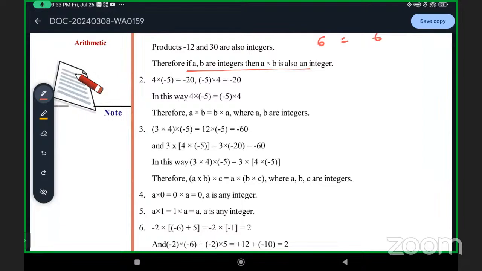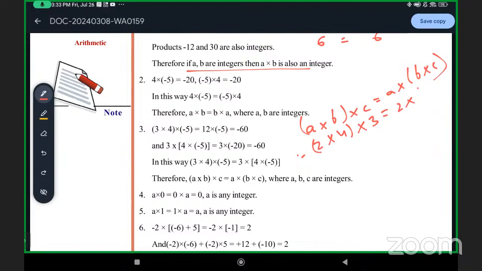Then, a into b, this is grouping, into c equals a into b into c. Suppose I'm doing 2 into 4 into 3 equals 2 into 4 into 3. 2 into 4 is 8, into 3.